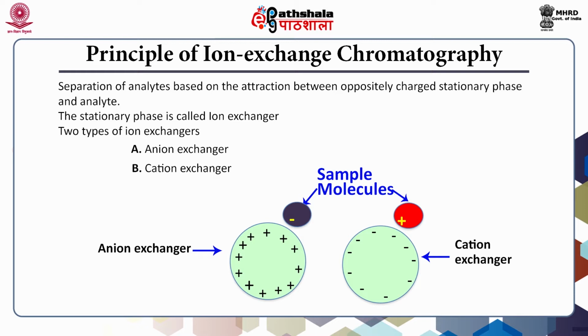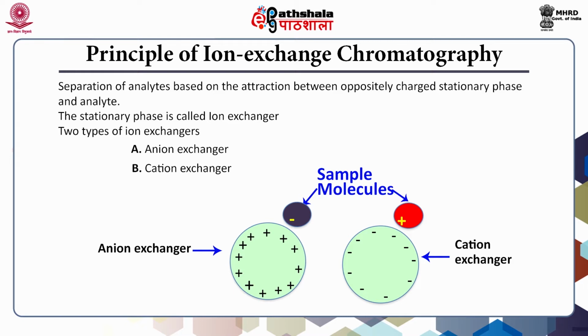So, these positively charged groups can attract negatively charged ions on the surface. Whichever has higher negative charge can exchange the existing negatively charged molecules attracted on the surface of the anion exchanger.